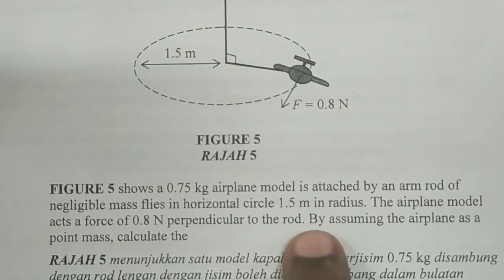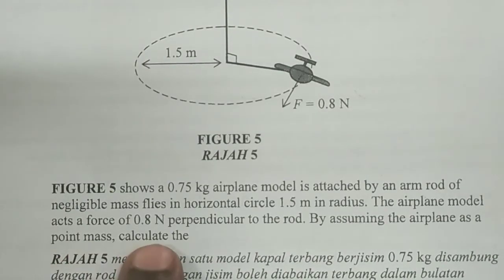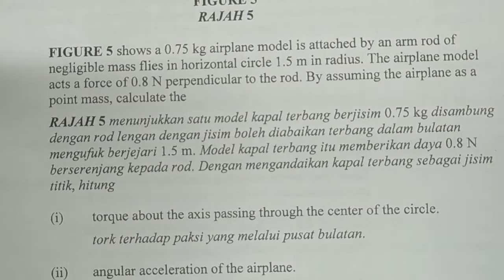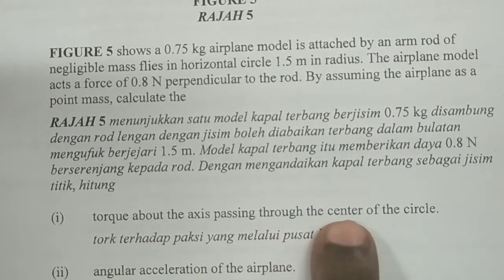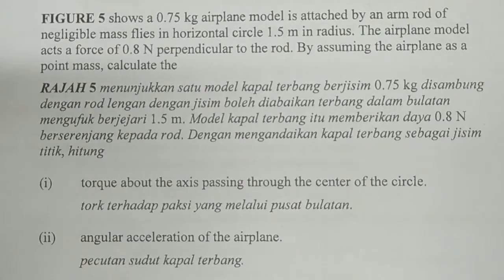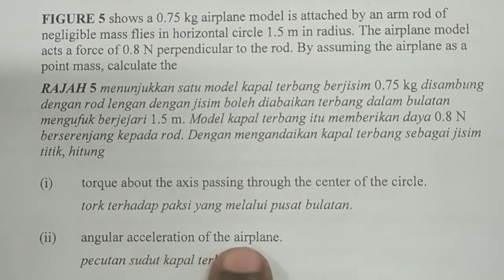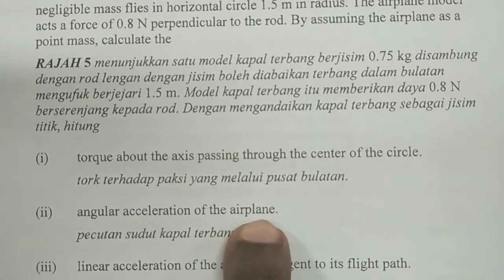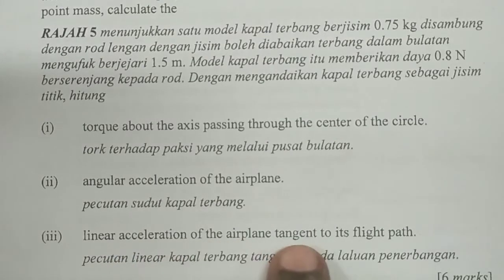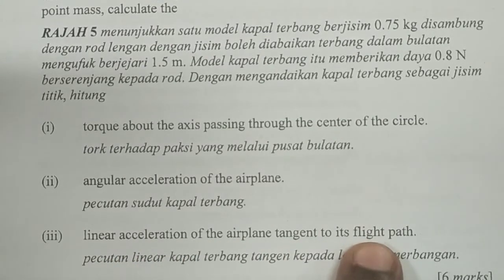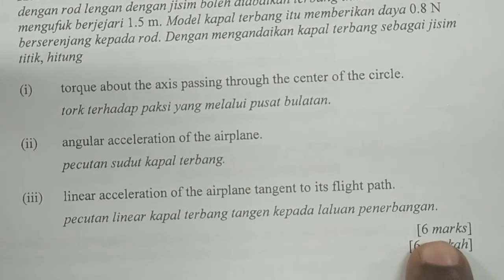By assuming the airplane as a point mass, calculate: 1, the torque about the axis passing through the center of the circle. 2, the angular acceleration of the airplane. 3, the linear acceleration of the airplane tangent to its flight path. Total marks for this section is 6 marks.